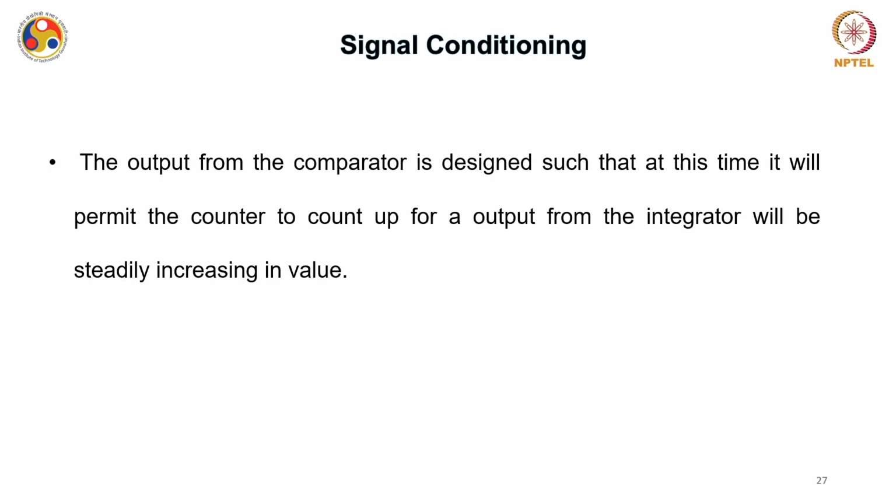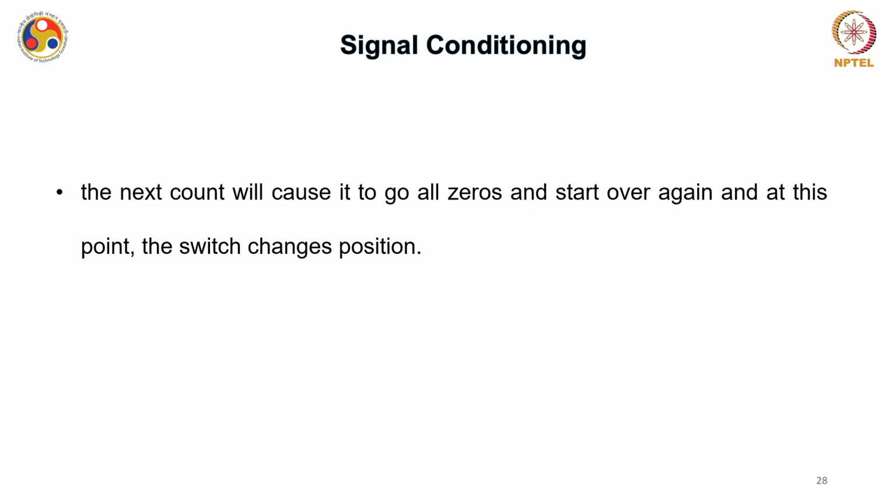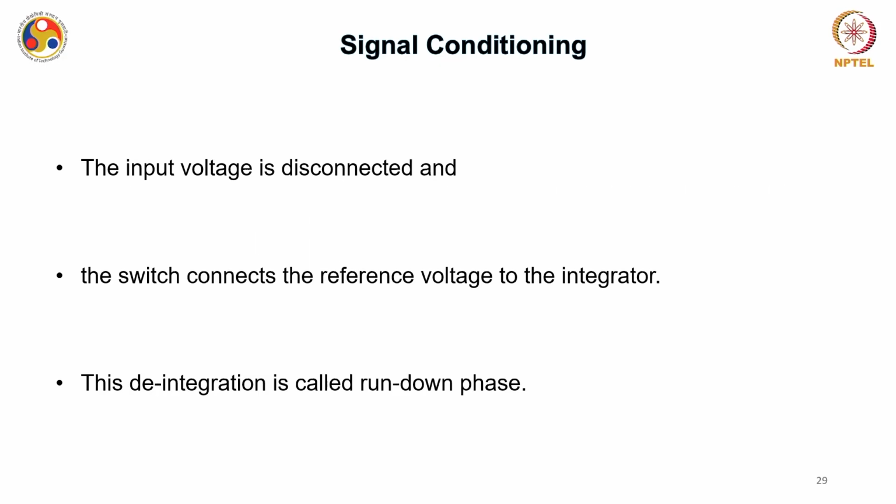Now, the output from the comparator is designed such that at this time it will permit the counter to count up, as the output from the integrator will be steadily increasing in value. The next count will cause it to go to all zeros and start over again, and at this point the switch changes its position.